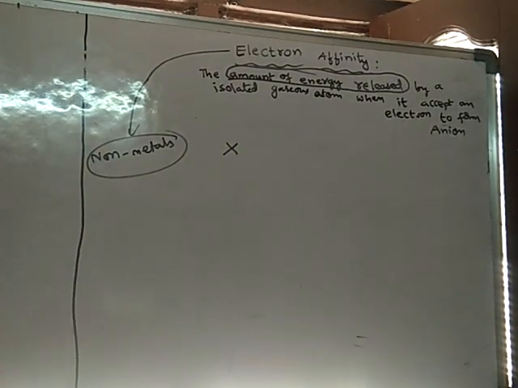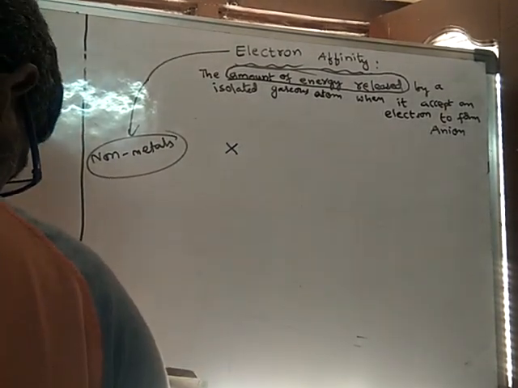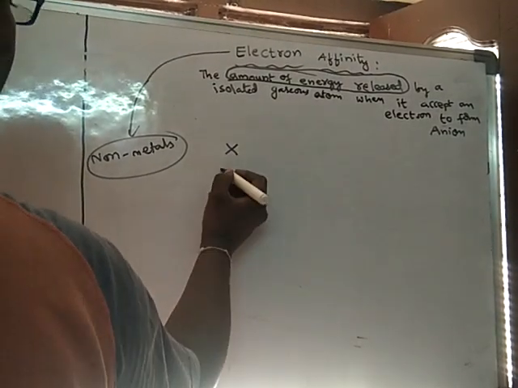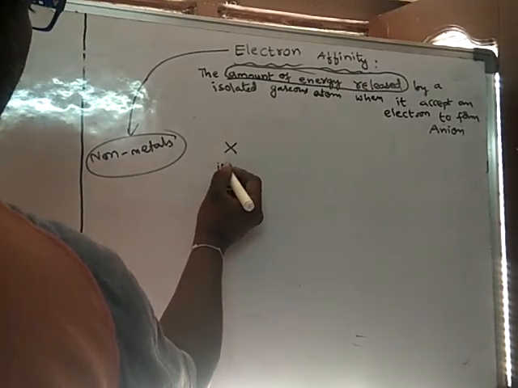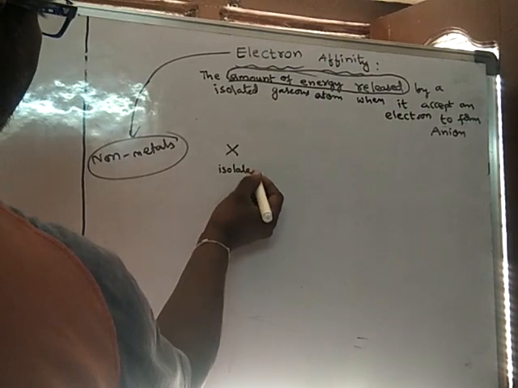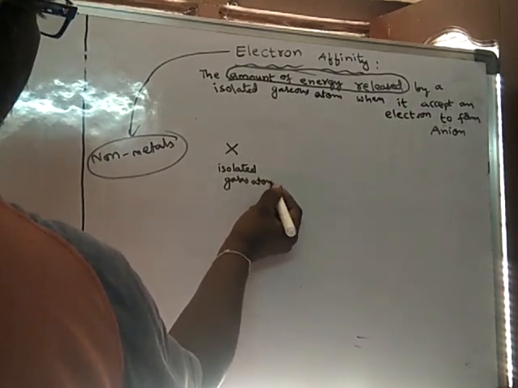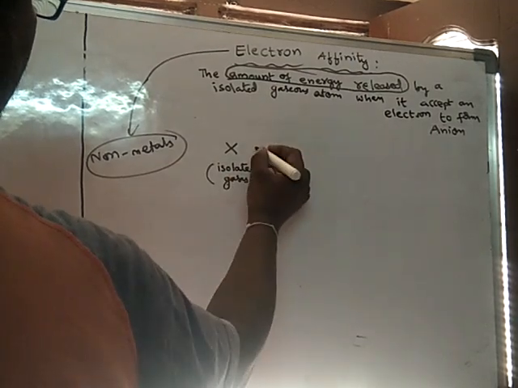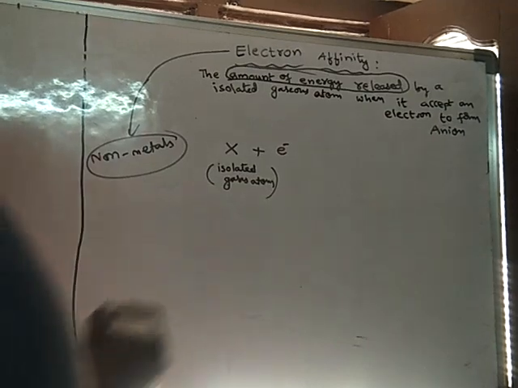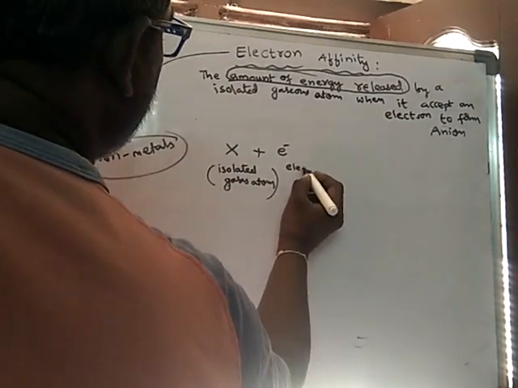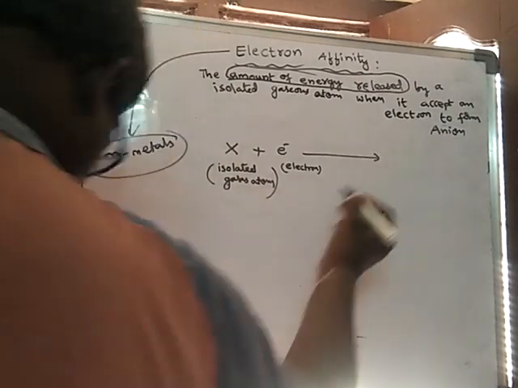Suppose this is an atom X, a non-metal atom, an isolated gaseous atom. Now, if I add an electron to that atom, what happens?